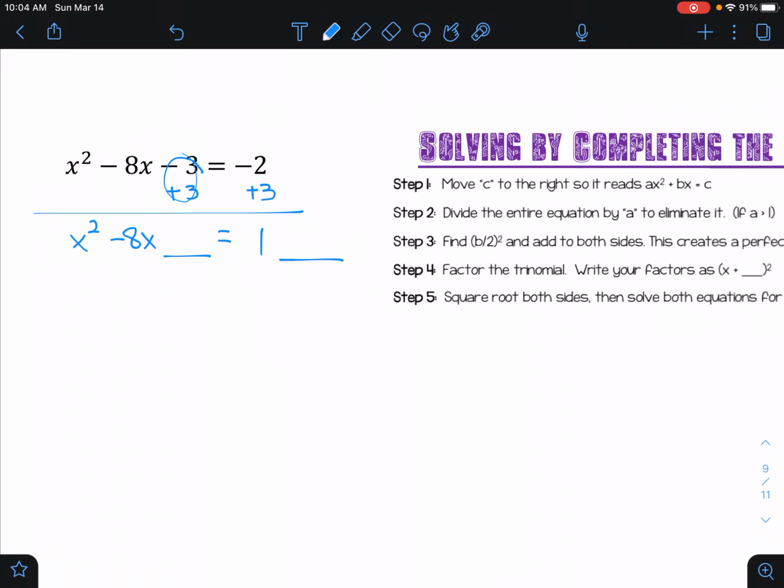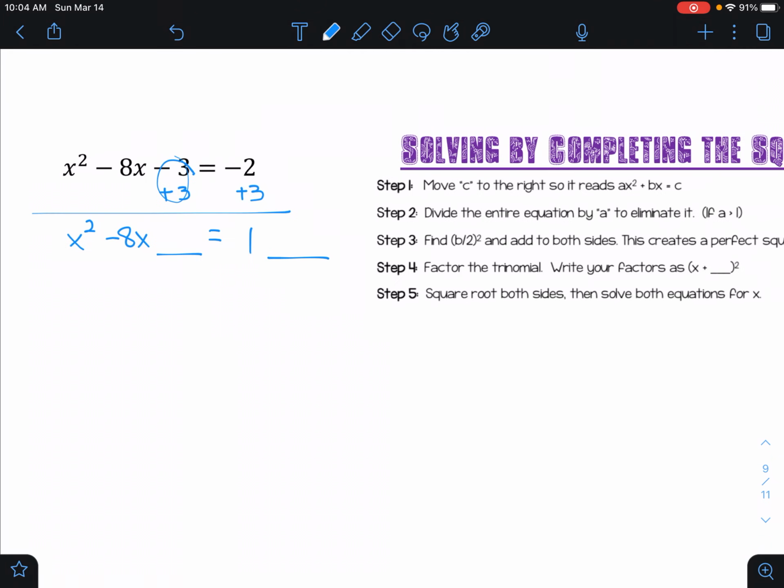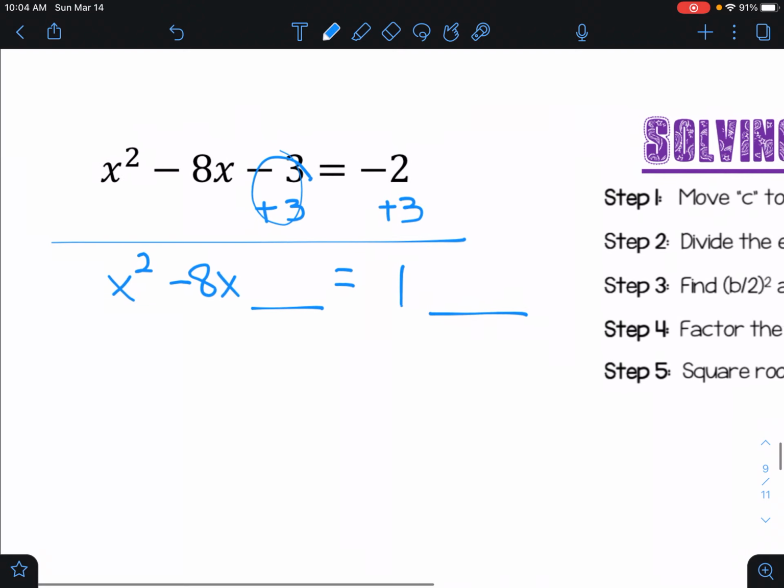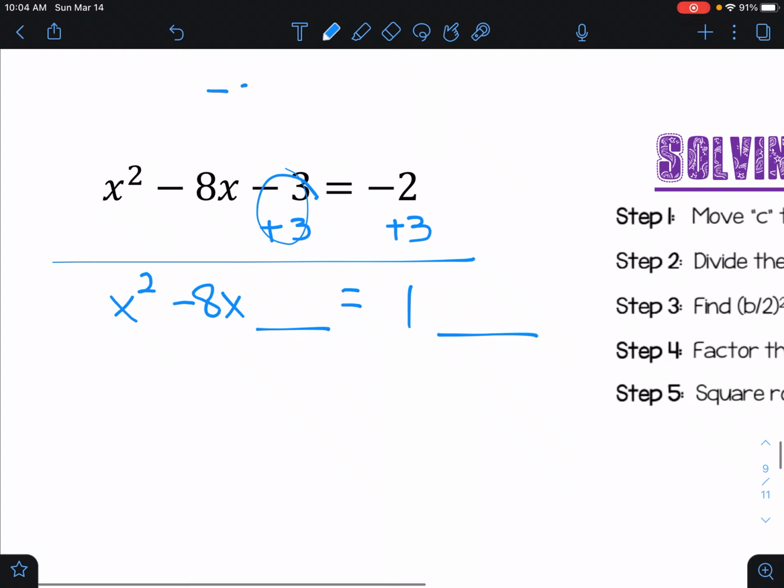Again, step 2, we can skip on this one because our a is 1. So I'm going to do half of b, negative 8 divided by 2, and square it. That's negative 4. Negative 4 squared is 16. Anytime you square it, it's always positive.